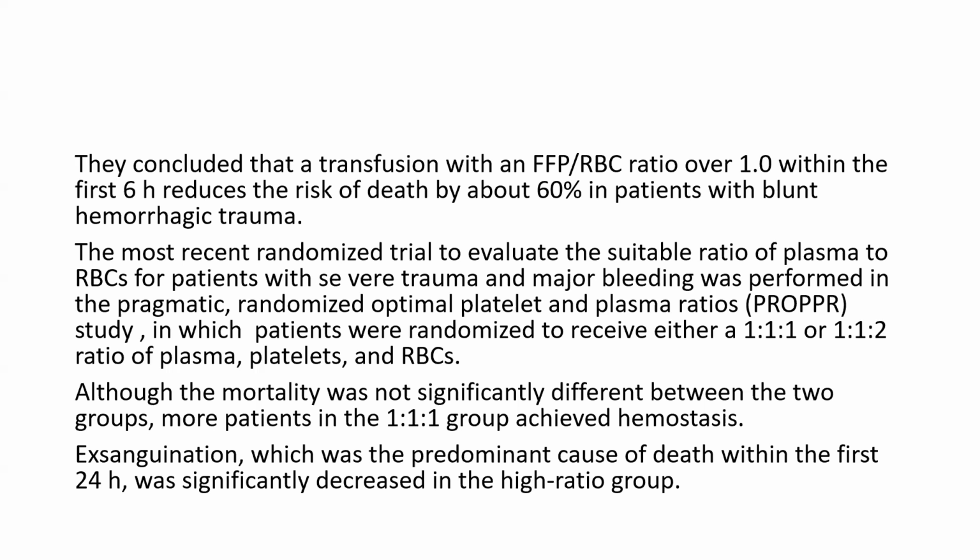Although mortality was not significantly different between the two groups, more patients in the 1:1:1 group achieved hemostasis. Exsanguination, which was the predominant cause of death within the first 24 hours, was significantly decreased in the high ratio group.